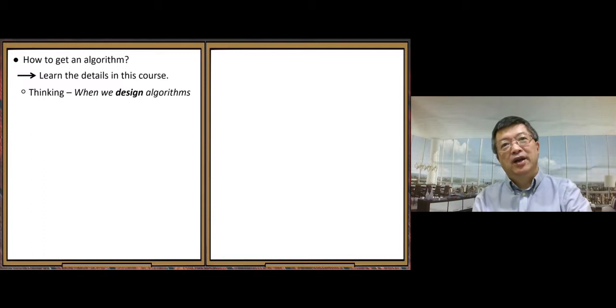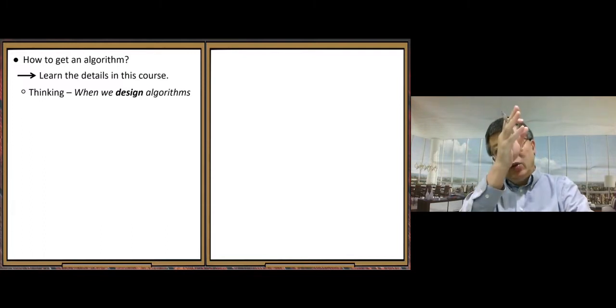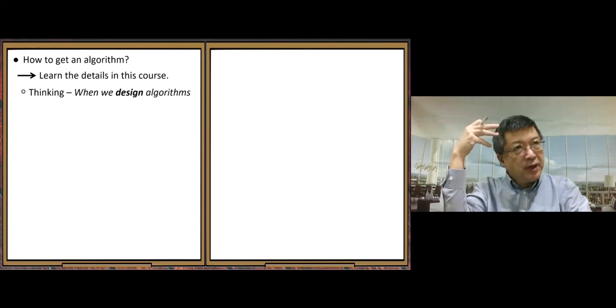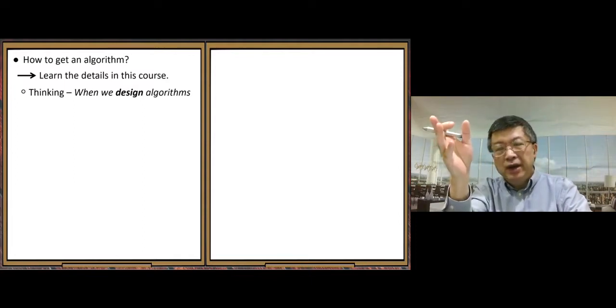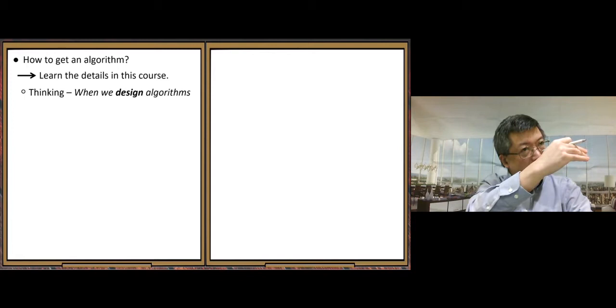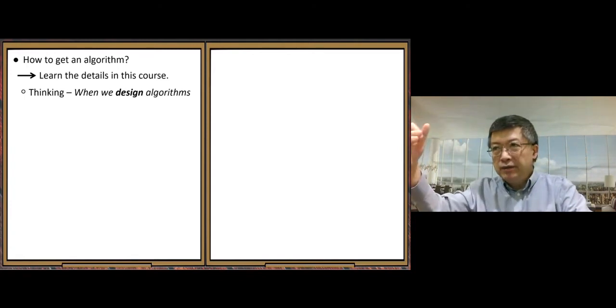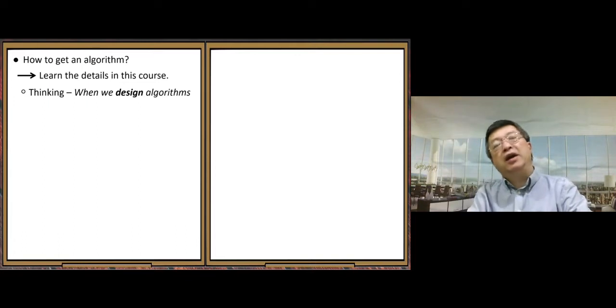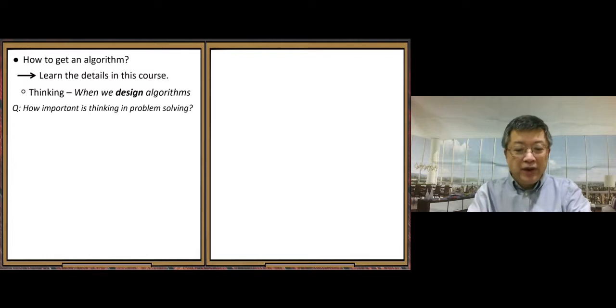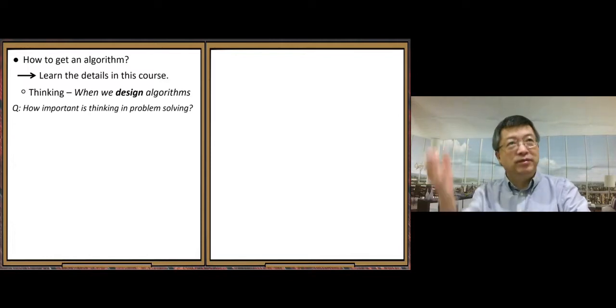So we need to use our biggest asset, brain, to do some valuable thinking, a lot of logical reasoning steps, when we design algorithms. How important is thinking in problem solving? We know, very important, right? How important?